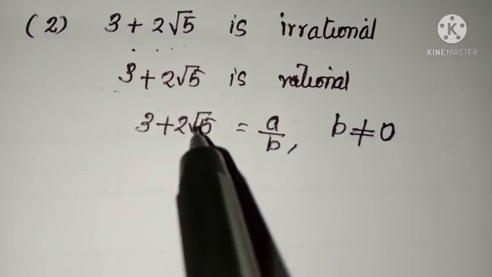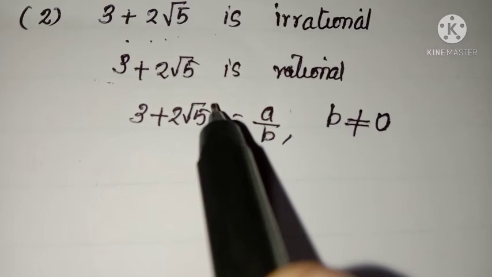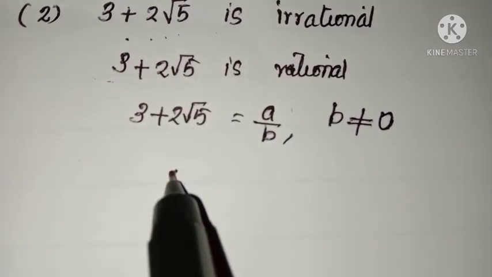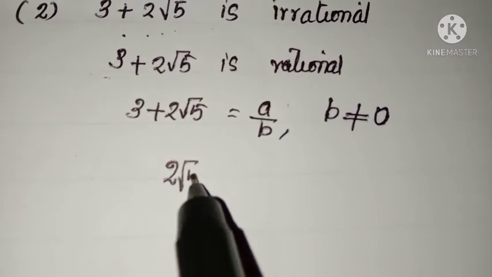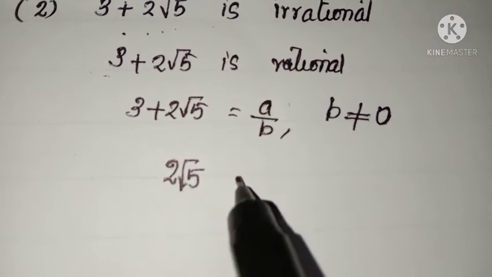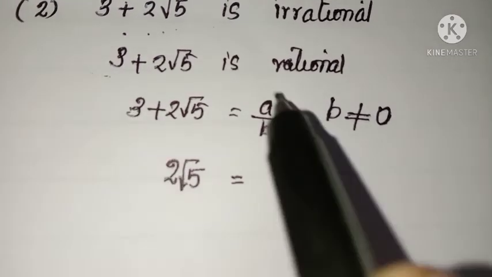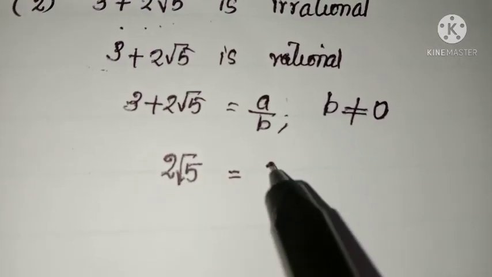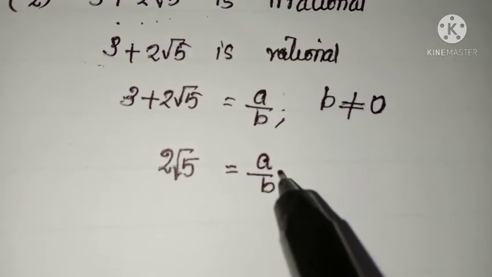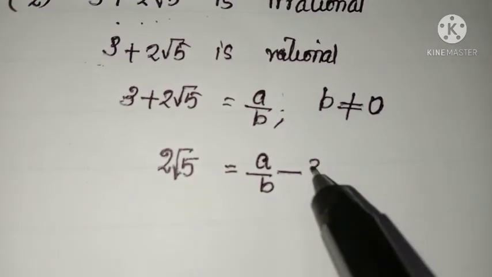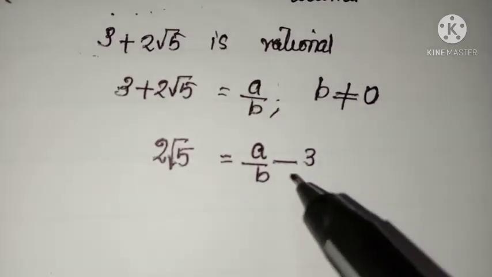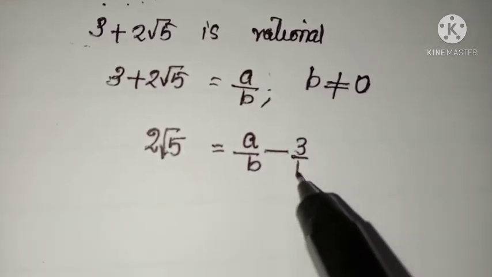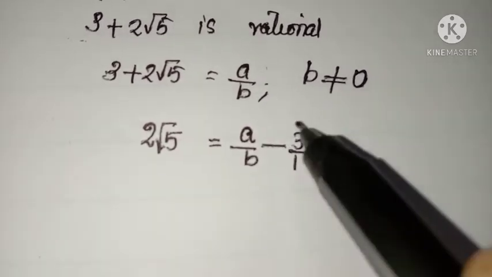Here, root 5 is an irrational number that we know. So, let us take 2 root 5 on the left side and take this 3 to the other side. So, this becomes a by b minus 3. Now, this 3 can be written as 3 by 1, and take cross multiplication.